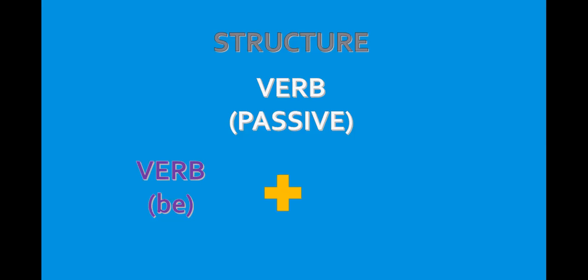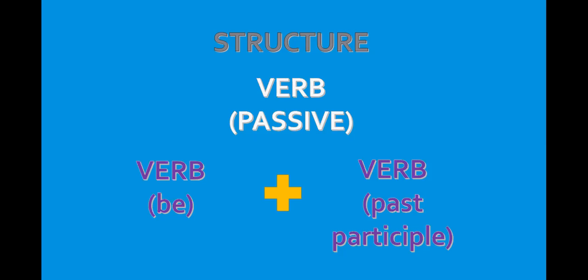And after that, we're going to use a verb in past participle. Now, this verb in past participle is the action that is happening. This is the action that affects the subject. Okay, this is the main verb.